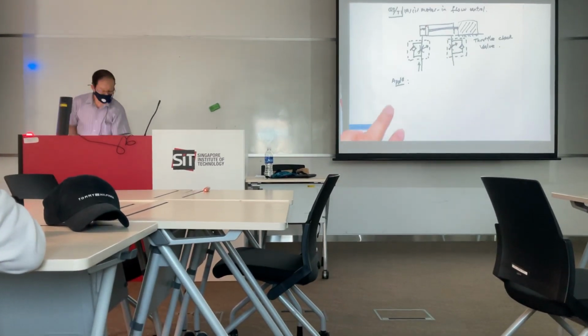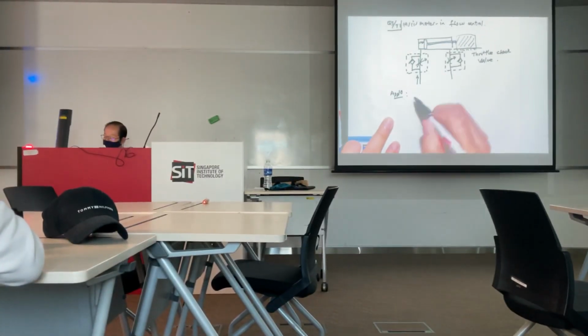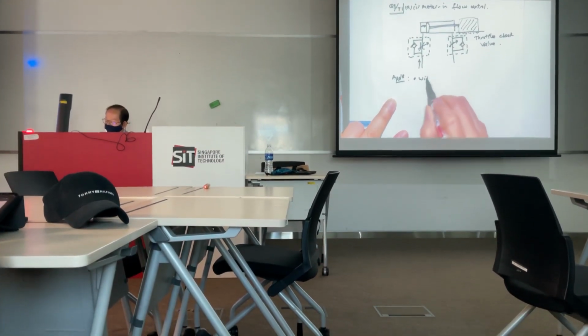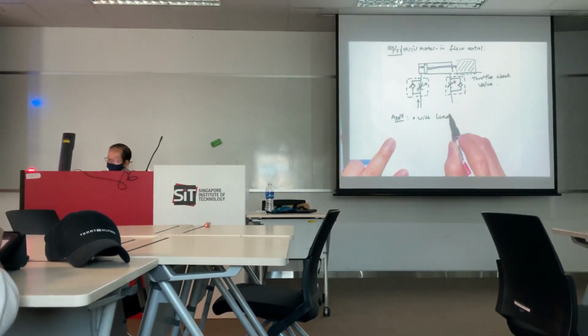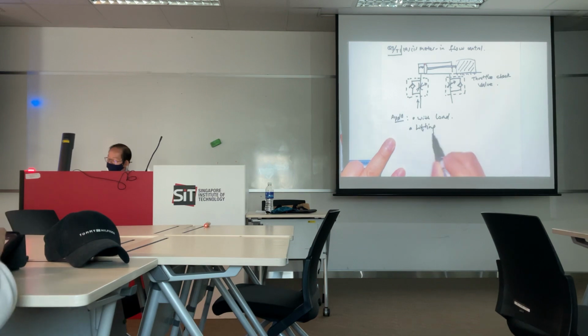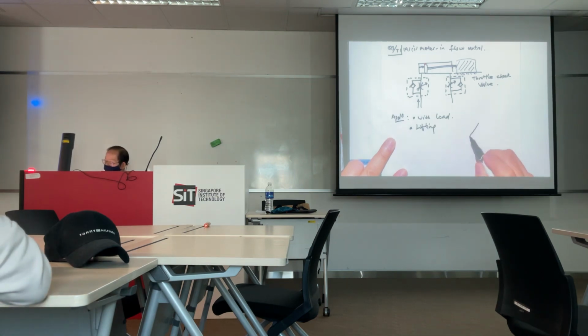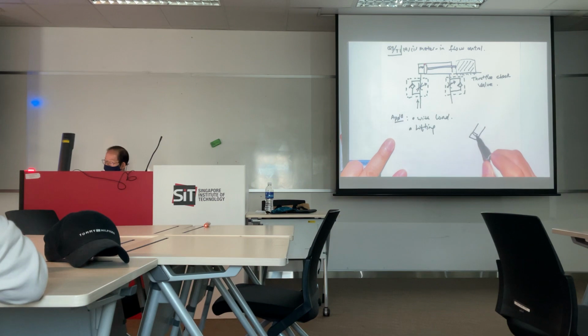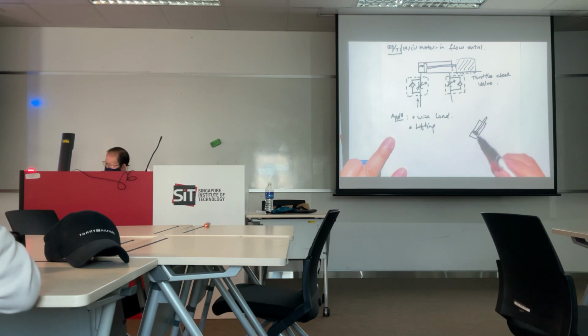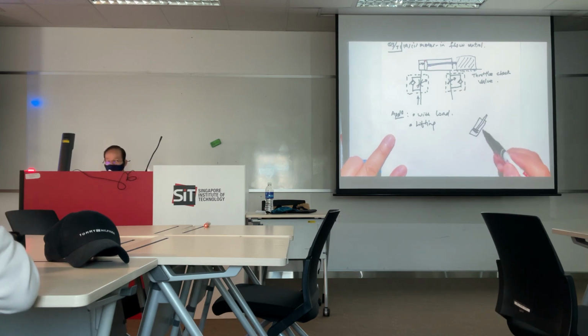So the application would be with load, and also for lifting. It can be inclined at any angle, as long as it's inclined, because then there will be some resisting force: the piston and the rod have weight.